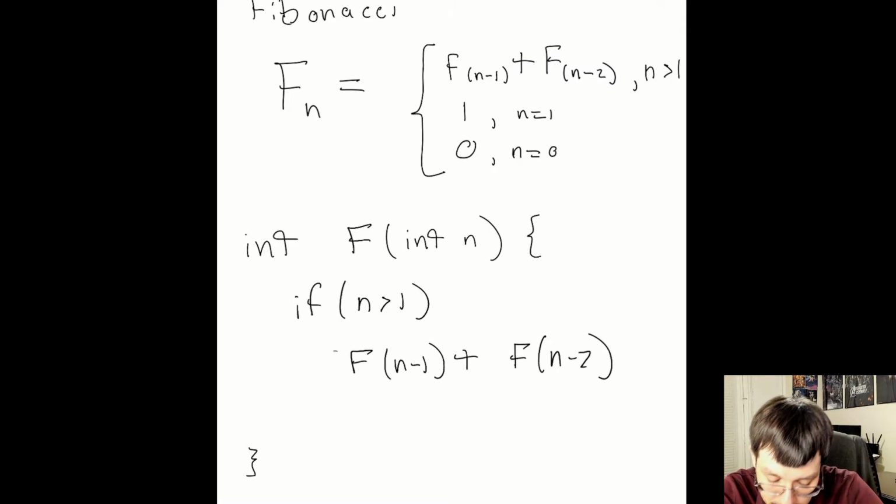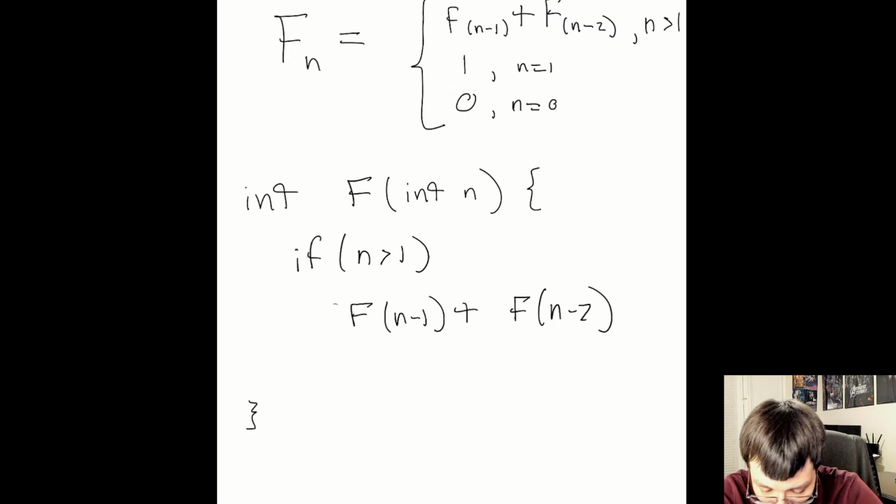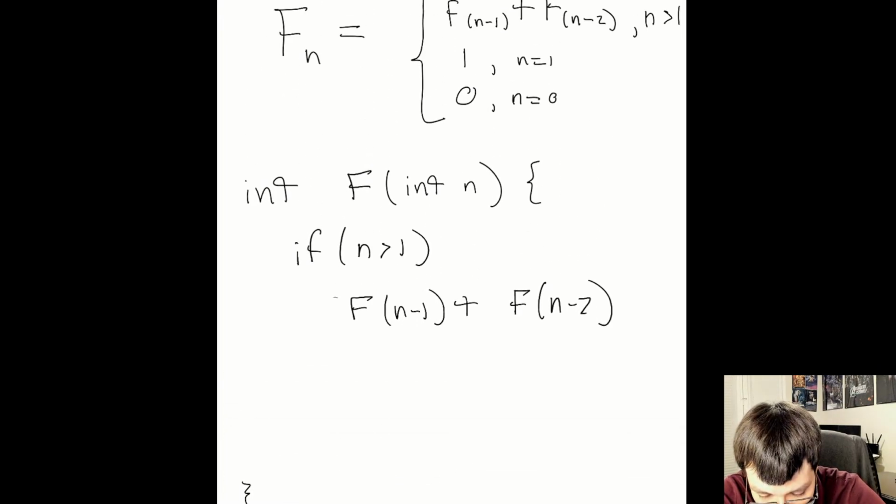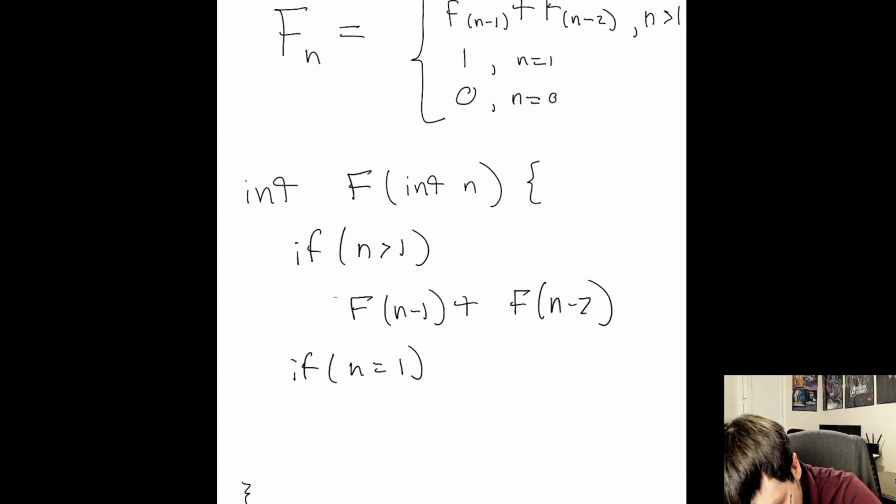Okay? And then after that, since I'm really trying to match this word for word, I'm going to put on 2 more if statements that says if n is equal to 1, return 0, or sorry, return 1. I also forgot to write the return here.